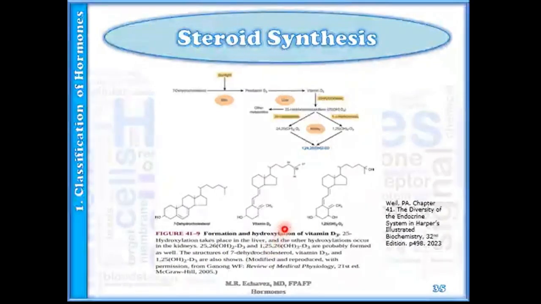So here we have the vitamin D3 version. What happens is that this is transported using your vitamin D binding protein. It moves this from the skin, or if it's from the diet, from your intestine, to your liver.